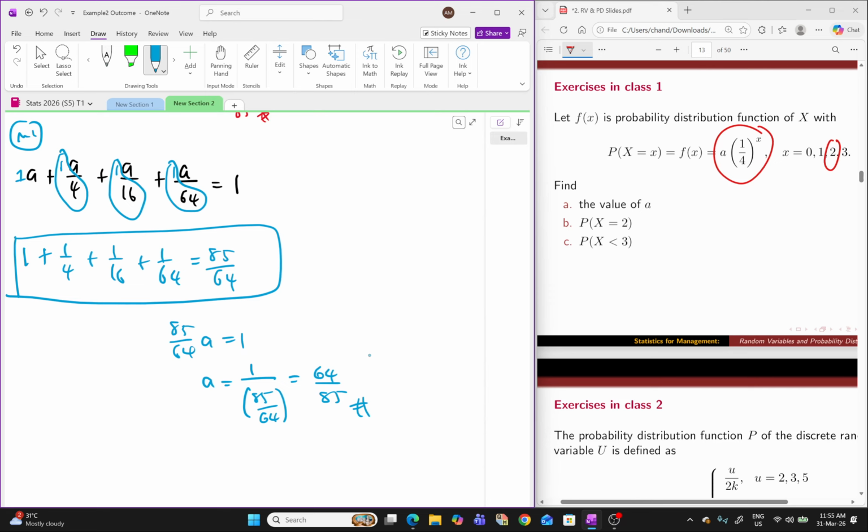Alright, so that's how we find the value of A. Now we are moving to B. Copy first. Certain parts I will teach in the class, certain parts I will give you the video, so you have to see yourself and learn. Not enough time to cover everything.